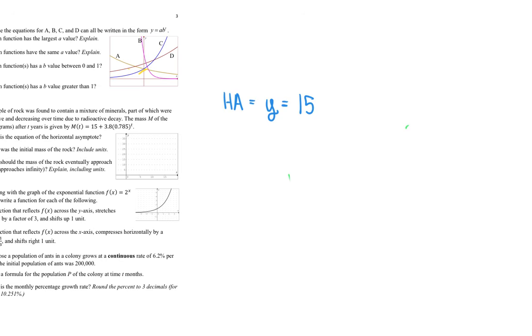So next it wants to know what should the mass of the rock eventually approach as time approaches infinity. So this here is the same as my asymptote. This is going to be 15 because our horizontal asymptote is 15. It can't go lower than 15. So as t gets really, really large, it goes to 15 grams.